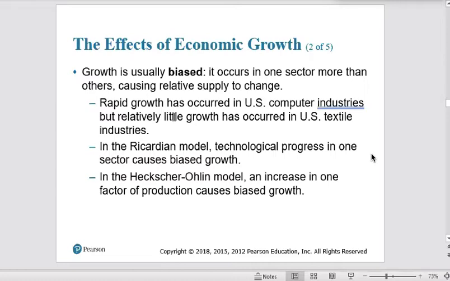So the computer industry has had the biggest improvement in the last few decades, but not the textile industry, in the US case.